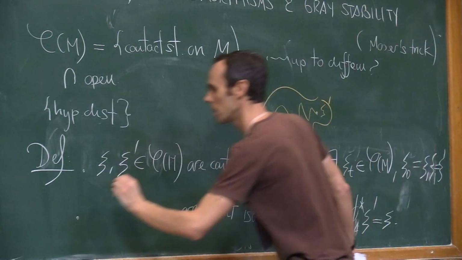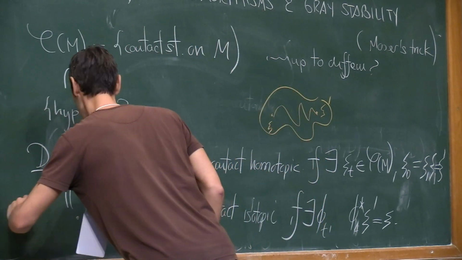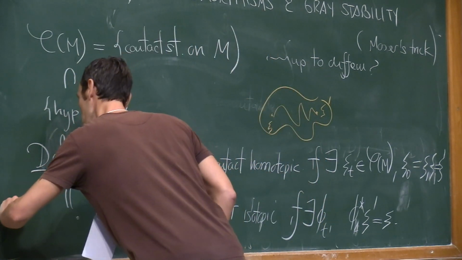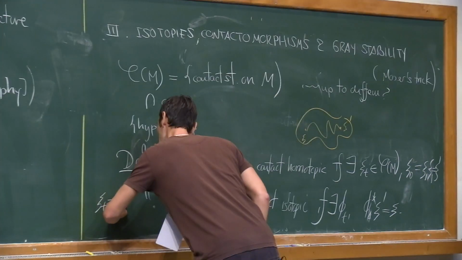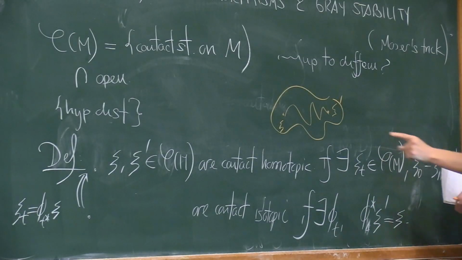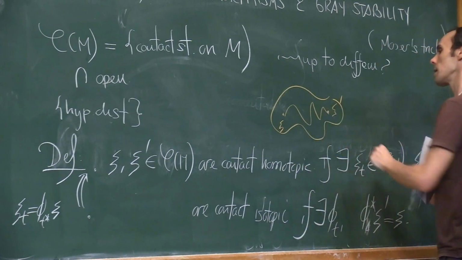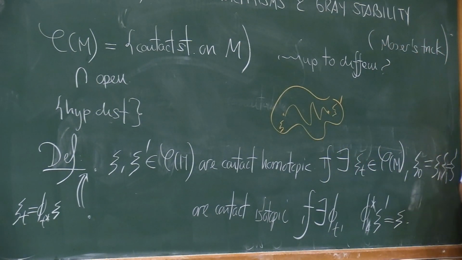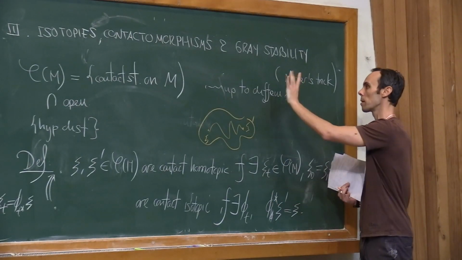And of course, the second condition implies the first, because each time that I have an isotopy, I can produce a one-parameter family simply by pushing the first contact structure using the isotopy. So this equivalence relation is stronger because the curves that I'm interested in are constructed using isotopies. Why is the second definition relevant for the kind of problem we're interested in?